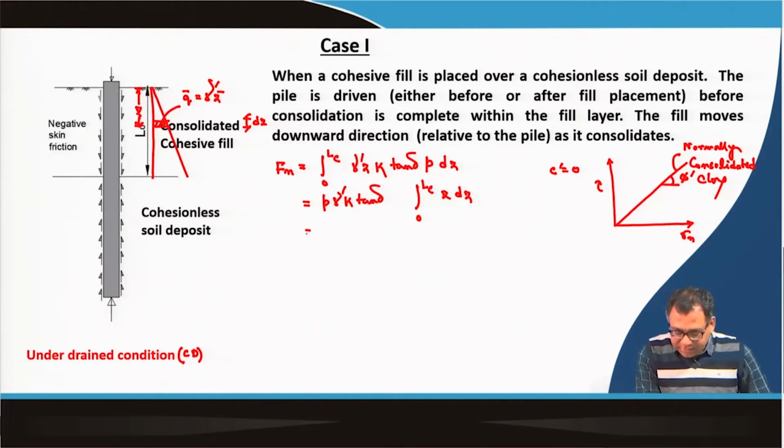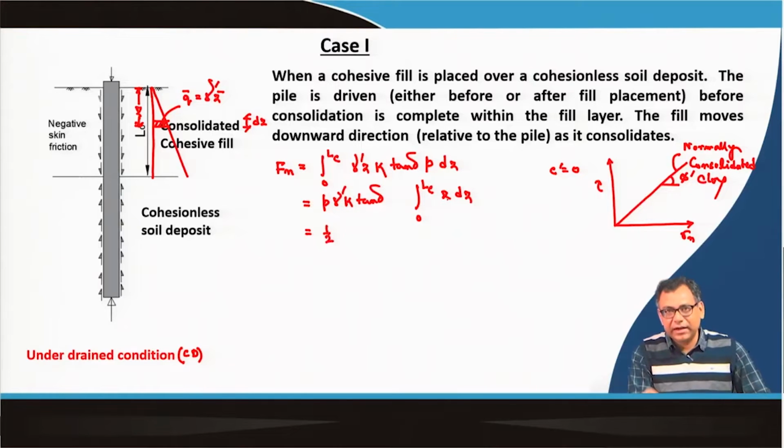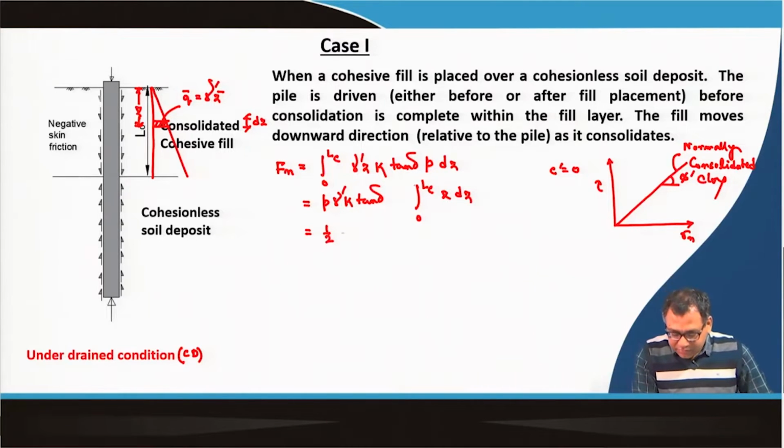So, we can write this will be half z square. So, half p, where p is the perimeter, then L_c square, because z square means L_c square. If I put the limit, then gamma dash, k and tan delta.